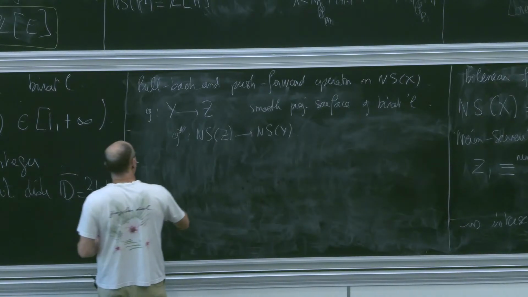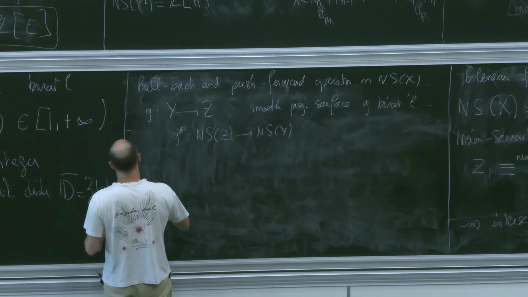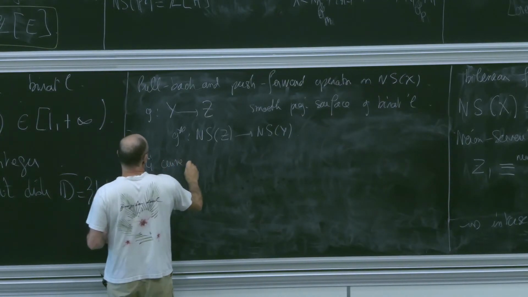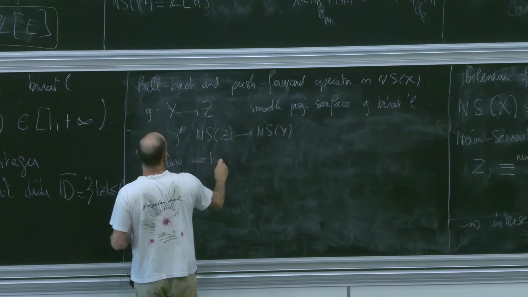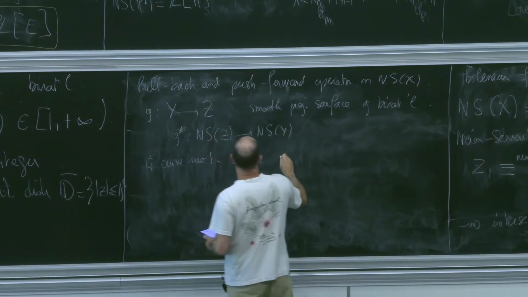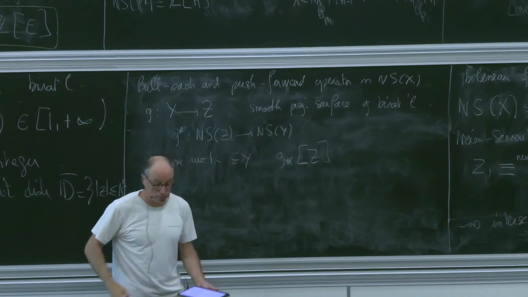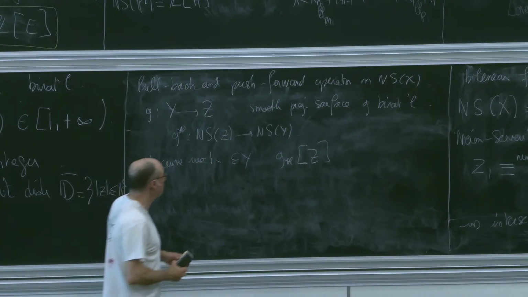So how is it defined? If you take a curve, let's say reducible, inside Y, you want to define the push-forward, as a divisor of Z, of C.